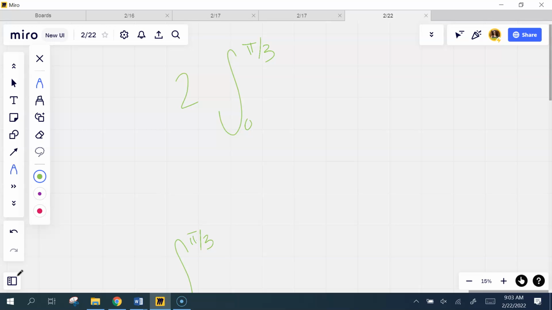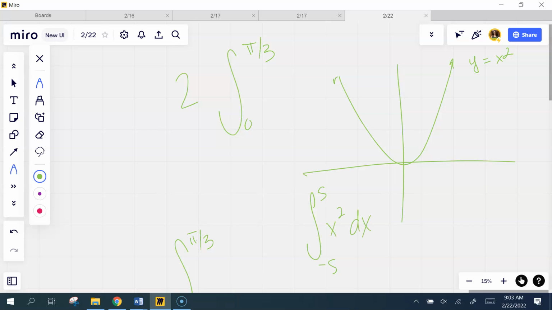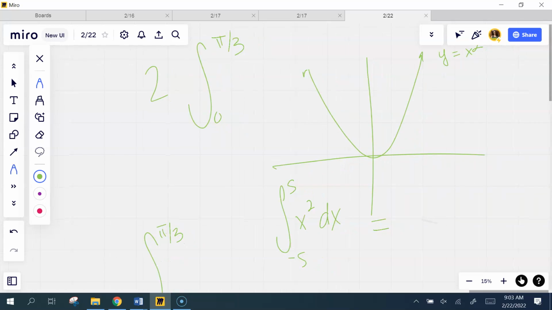But they did that because it is symmetrical. So if you ever have a symmetrical function, like if I just had x squared, and I wanted to know the area from -5 to 5 of x squared dx. Well, if I wanted to make my life a little bit easier, if one of those bounds is 0, whenever I plug in, I'm going to get 0, right?